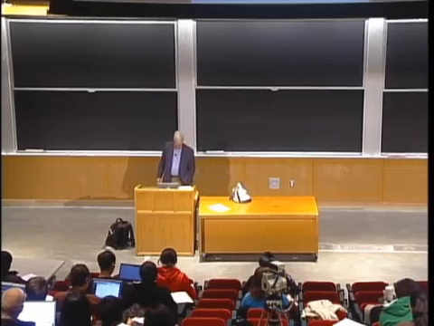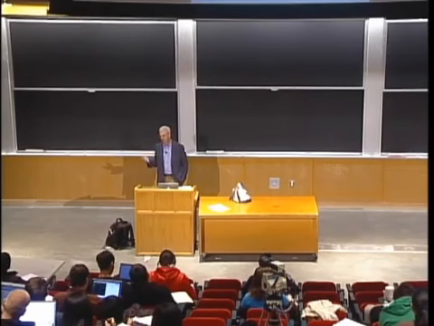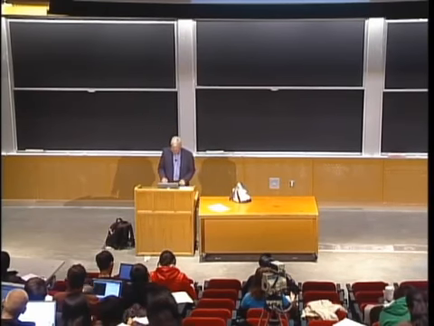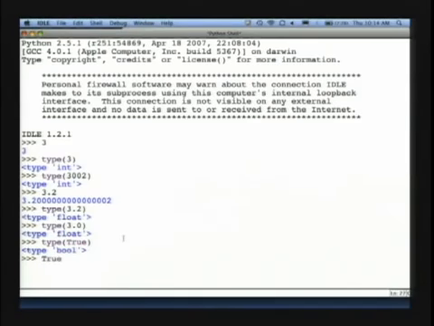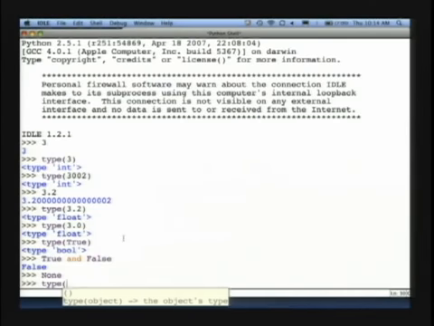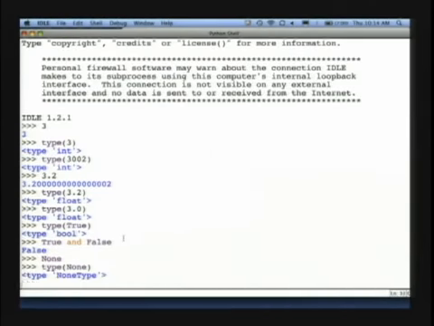All right. So we have true and false as the type Booleans. And then we can do operations on them. So, for example, true and false is false, as you might guess. Finally, there's this funny value None, which doesn't print anything when I type it. And if I look at the type of None, we'll see it's the NoneType.